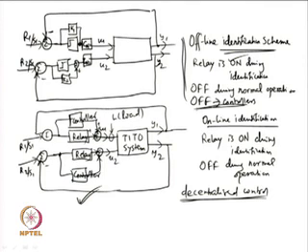This is the major advantage of the online identification scheme, and unlike the offline scheme, the controller need not be switched off during identification. So, this is the fundamental difference between the offline and online identification schemes.